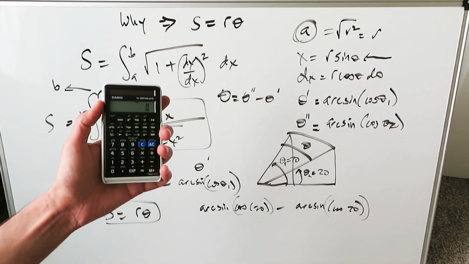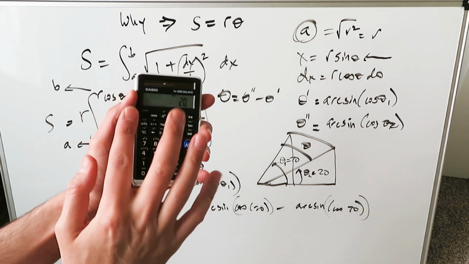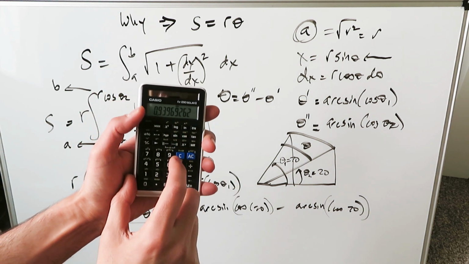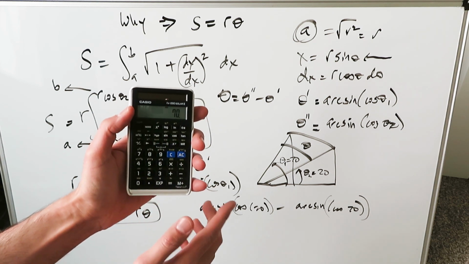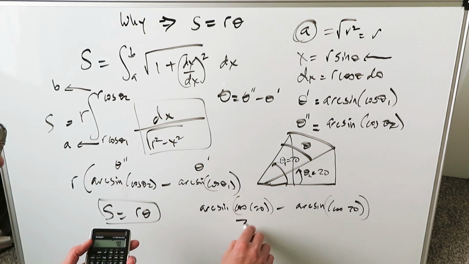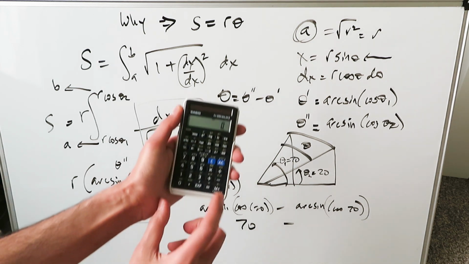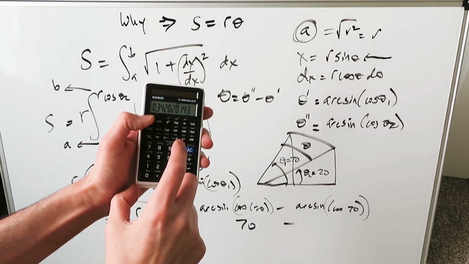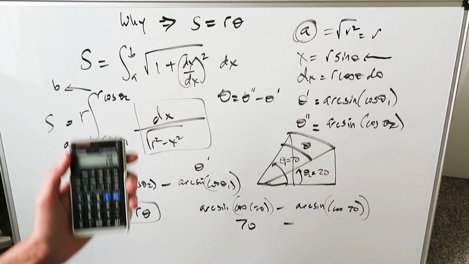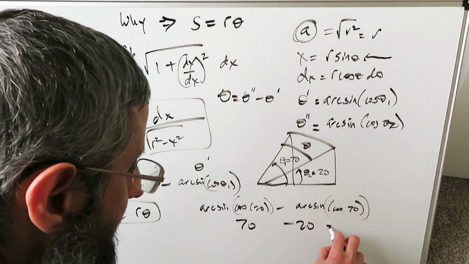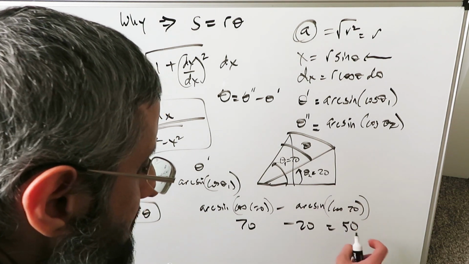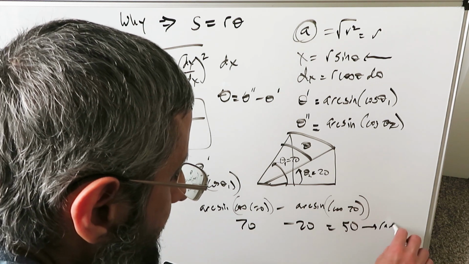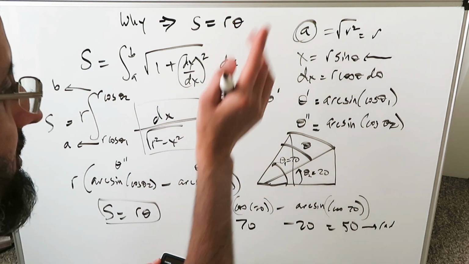Don't even worry about the RAD mode. Look, 20 cosine, everything on the DEG mode. I'll do cosine and I'll do inverse sine because it's an arc sine. I have a 70 coming from right over here, minus. And we can do that. Cosine 70 and we'll inverse sine it. I have here a 20 coming out of it. And what's the difference of these two? 50. And then you would convert this into radians easily and then run it through this formula right here, r theta, and you'd have everything.